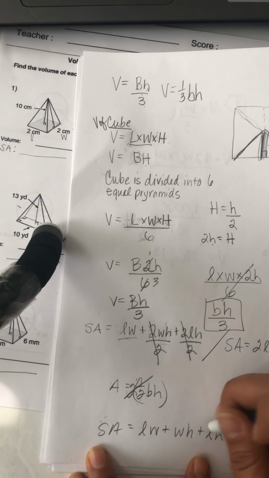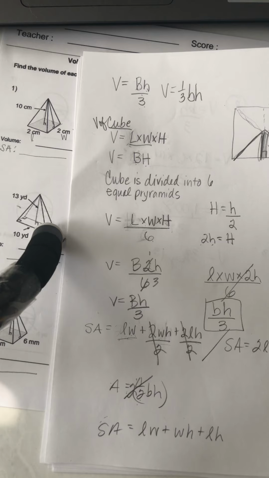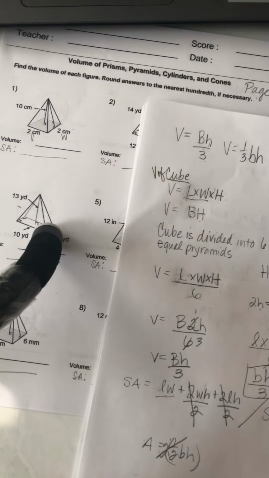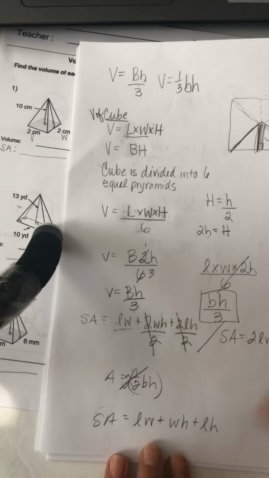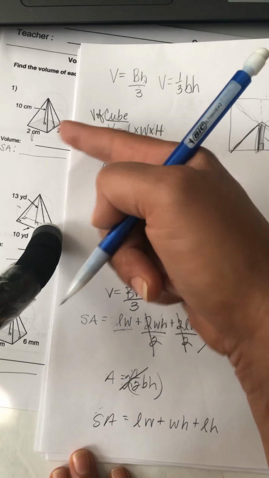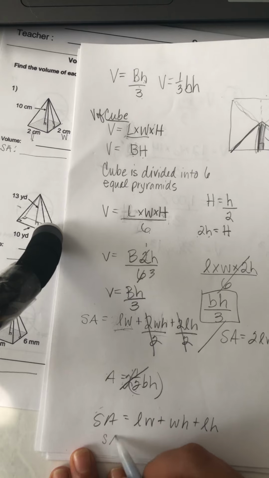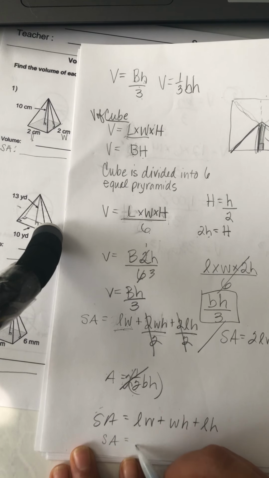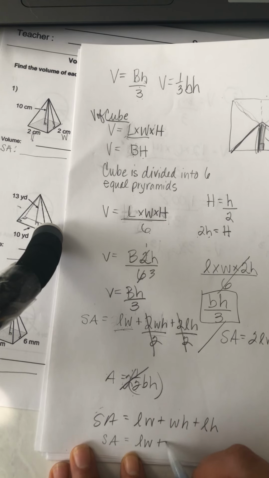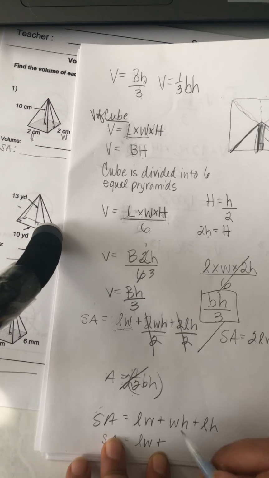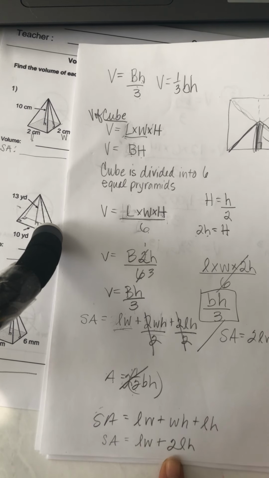Or, hold on, yeah. And then what can happen in this case, since the length and the width are the same, you can simplify this one for a square base pyramid to be the base, right? So you find the base plus 2 times the length and the height, right?